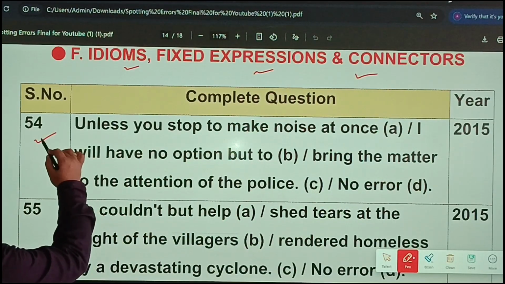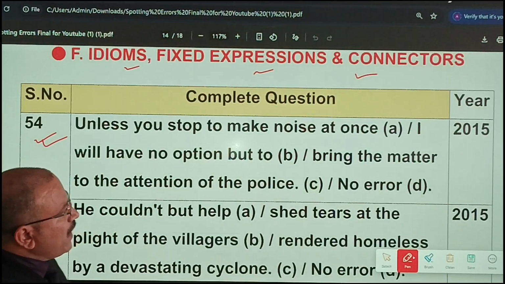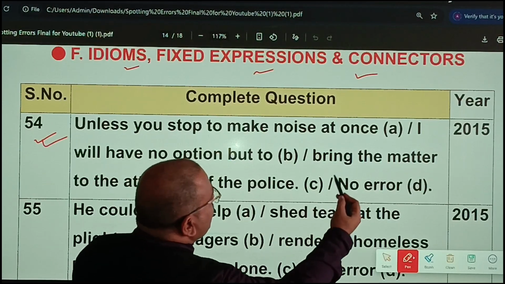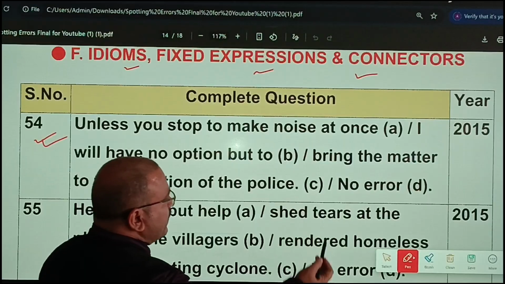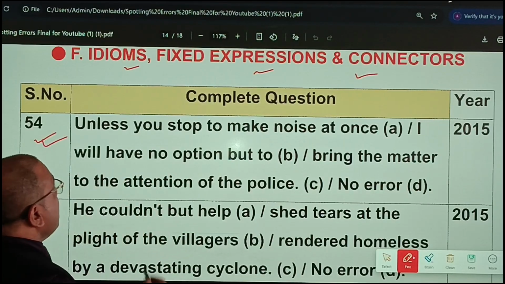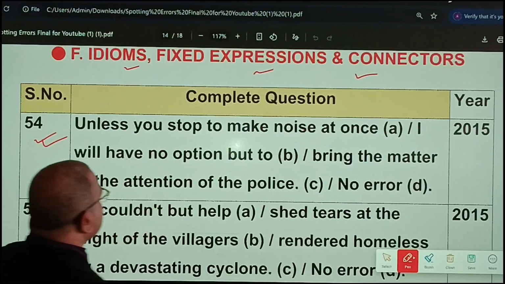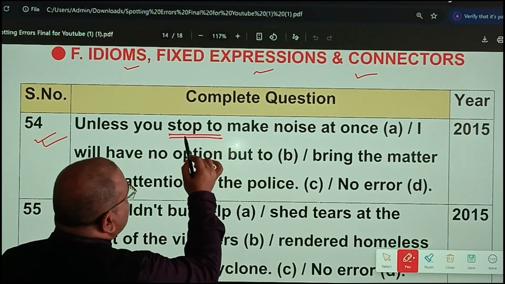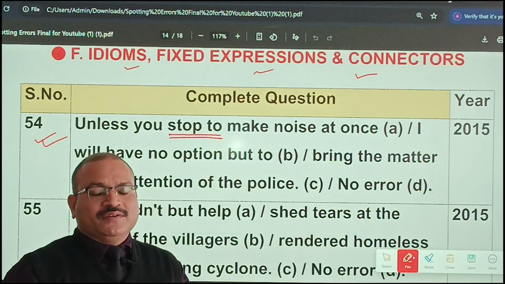Question number 54. Unless you stop to make noise at once, I will have no option but to bring the matter to the attention of the police. Now, unless you stop to make noise at once. Now, this stop word, I stopped to drink water.